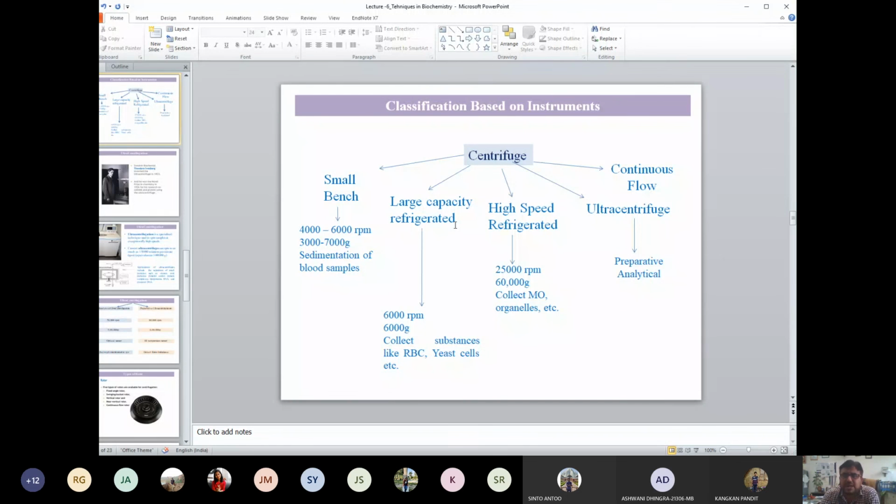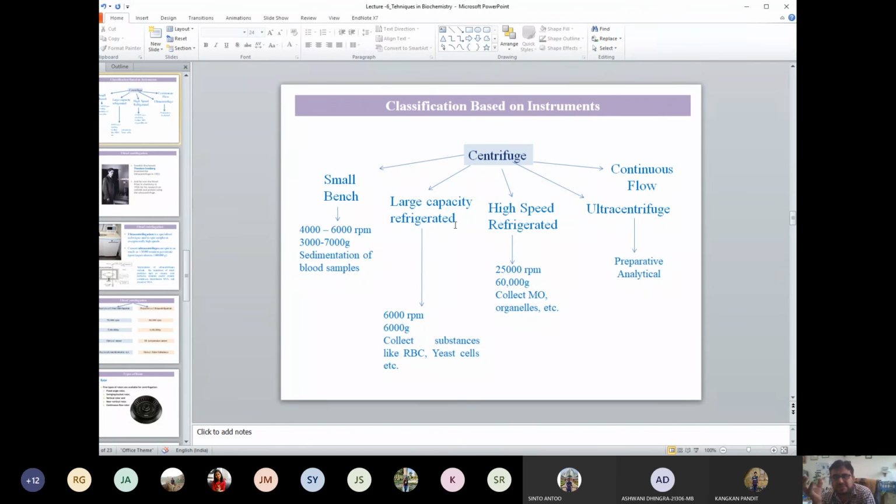Industry people are using a mega centrifuge, or big centrifuge, for the separation of these particles, even for effluent waste removal and purification of effluent. In that case also they are using a continuous flow centrifuge, a mega centrifuge with a facility to remove the particles or the waste product which is present in the sample because of centrifugal force.